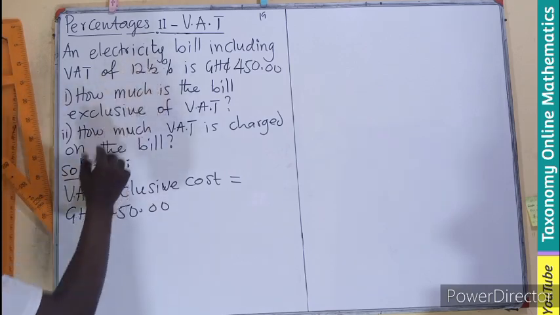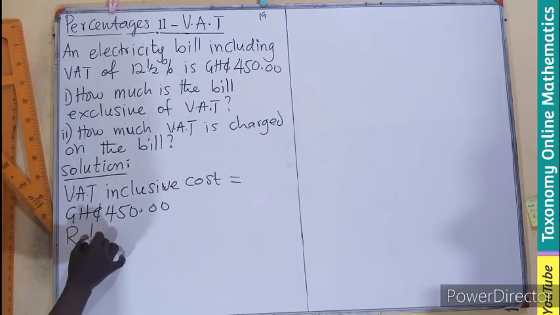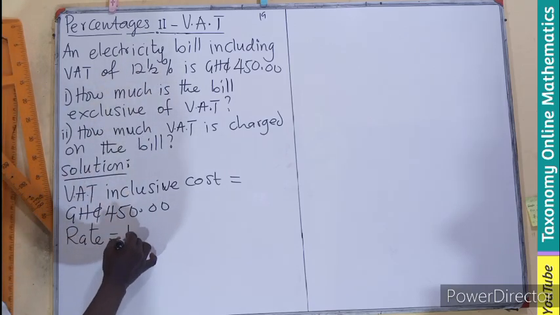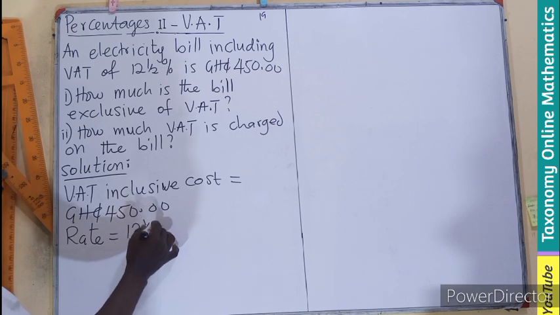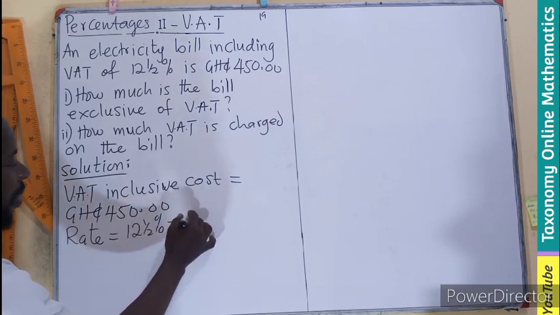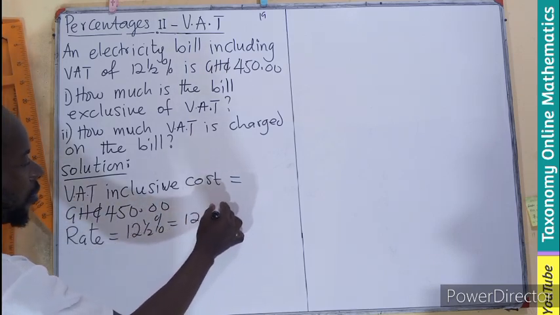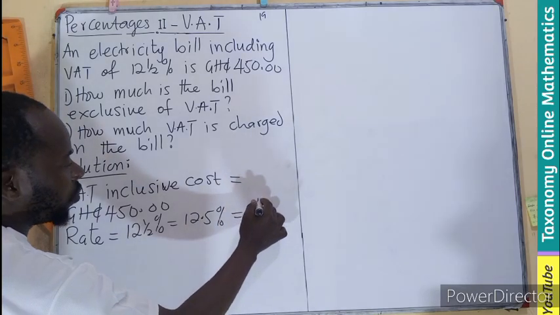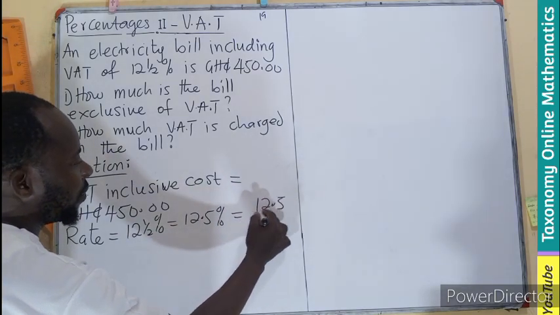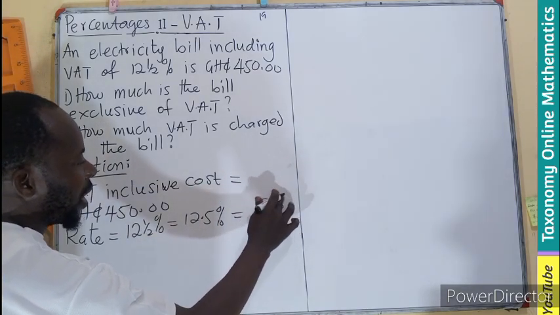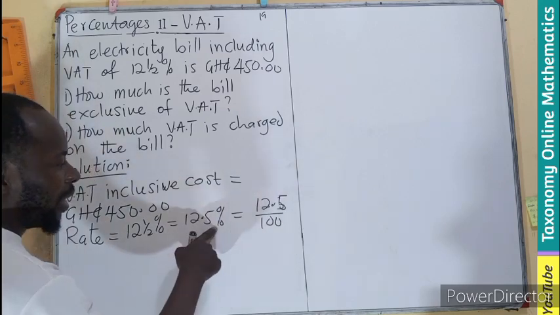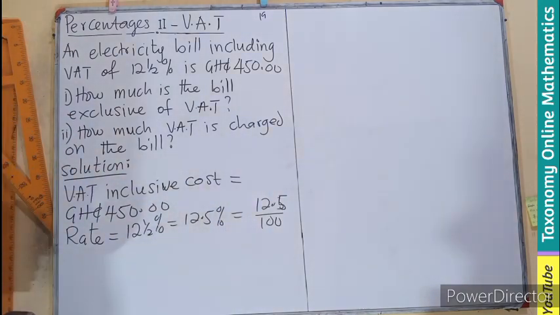In the question also, we know the rate of VAT, which is 12.5%, which is the same as 12.5 divided by what? 100. If I'm taking away the percentage from that.